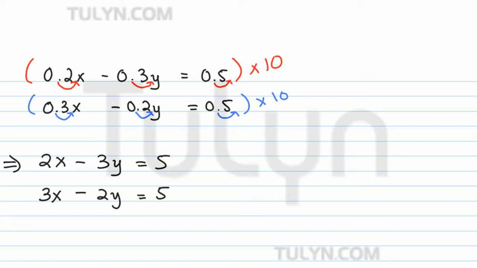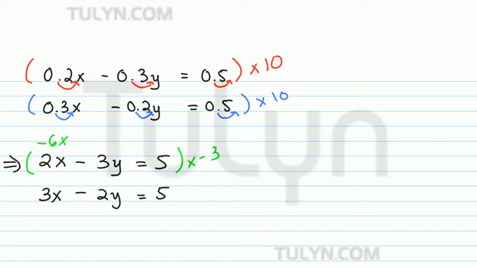So now what we have to do is cancel out one of the variables, and it seems like canceling either of them would be the same amount of work, so let's cancel out the x. So we want to make the coefficients of x opposites of each other, or additive inverses. So now if you multiply the top equation by negative 3, this coefficient is going to become minus 6x.